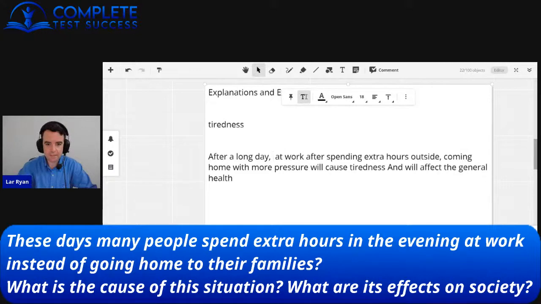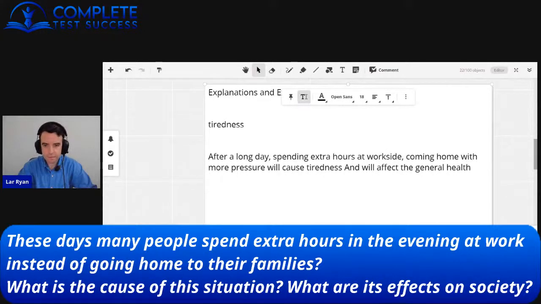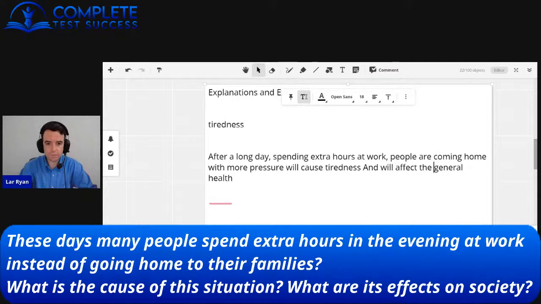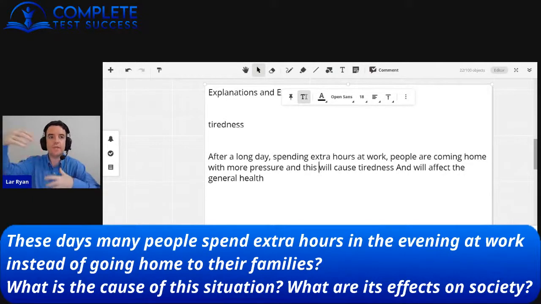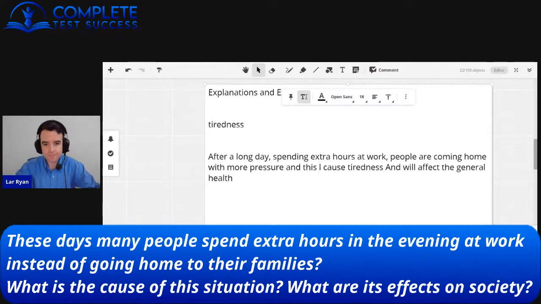After a long day, spending extra hours at work, people are coming home with more pressure. And because it's a situation that's already happening, it's not something that's coming in the future. It's something that's happening now. So we go on. This causes tiredness and will affect the general health.